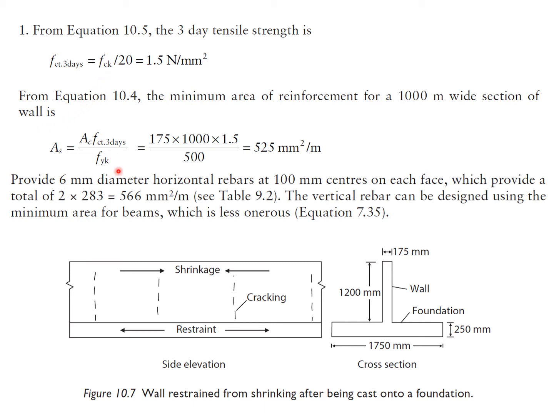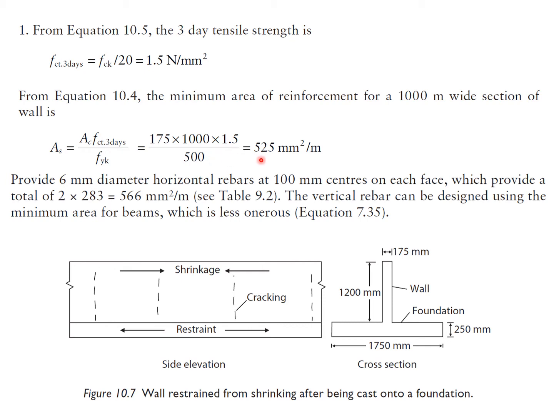And using the formula that is derived in the previous lecture, we can say that the area of steel required is equal to the area of the concrete. We're going to consider just a 1 meter wide section of concrete wall, multiplied by the 3-day strength of the concrete divided by the yield strength of the steel.